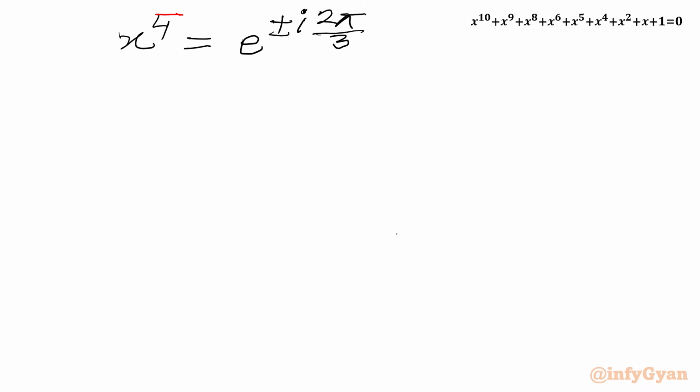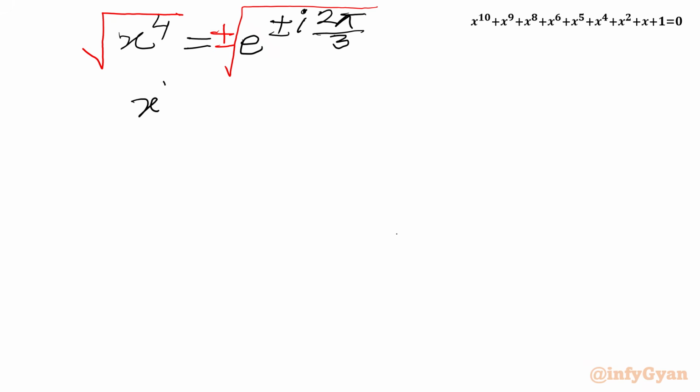So I need to put the square root sign over here and the square root sign over here with plus minus. Now we will cancel the square root with power 4 and there will be power 2 left.